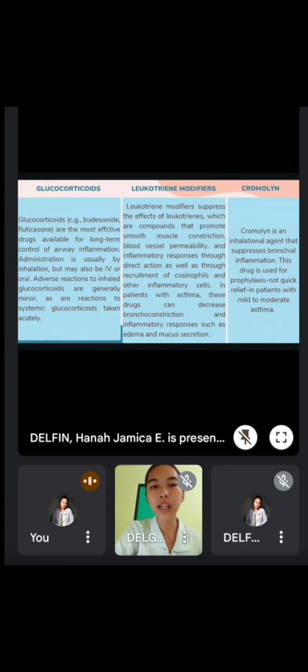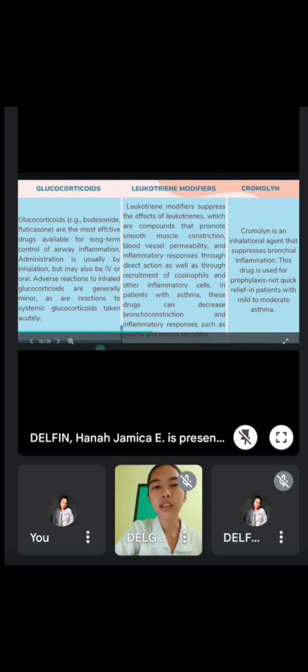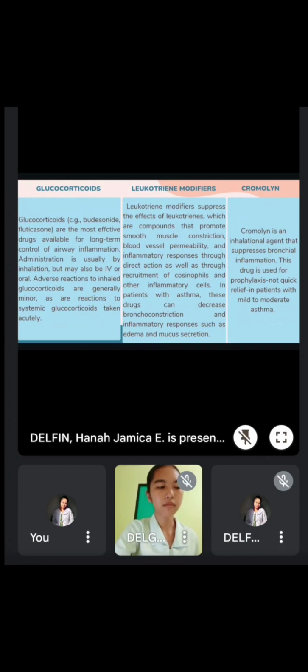Administration is usually by inhalation, but may also be IV or oral. Adverse reactions to inhaled glucocorticoids are generally minor, as are reactions to systemic glucocorticoids taken acutely. However, when systemic glucocorticoids are used long-term, severe adverse effects are likely.